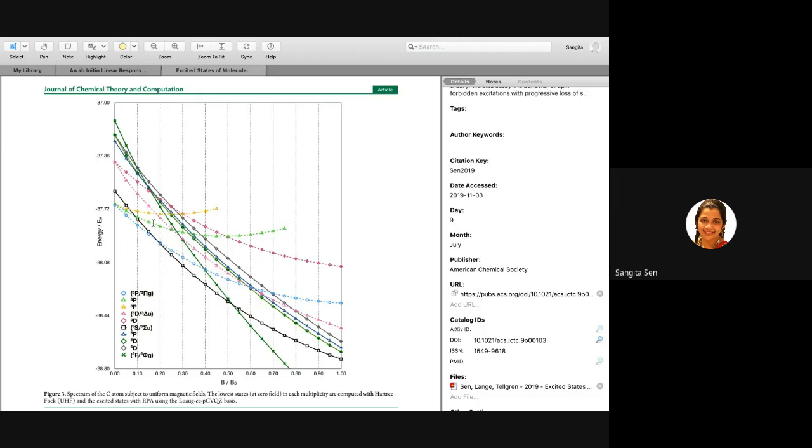For the green line, the orbital interaction is neutral. It's coming from the p0 orbital, but the spin interaction is there, so it is getting lowered. For the p plus 1, the orbital interaction raises the energy and only the spin interaction is lowering it, so the yellow is more shallow.